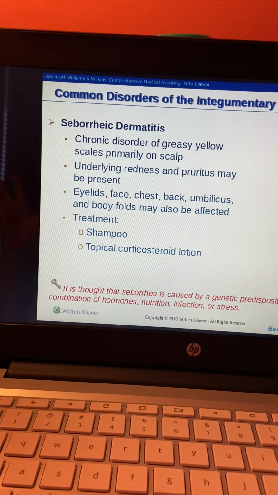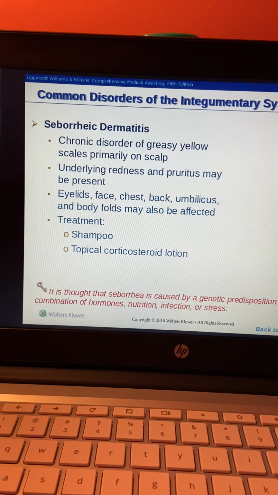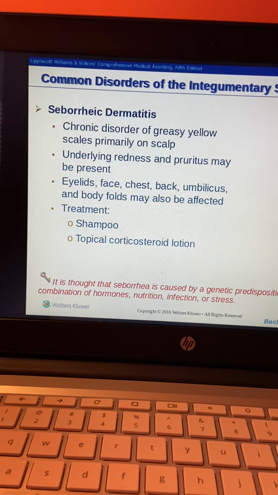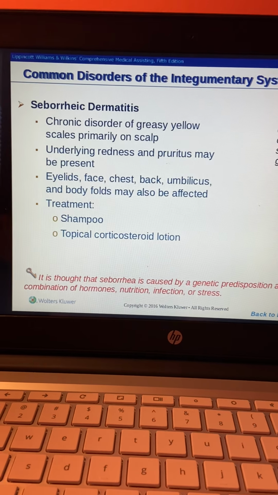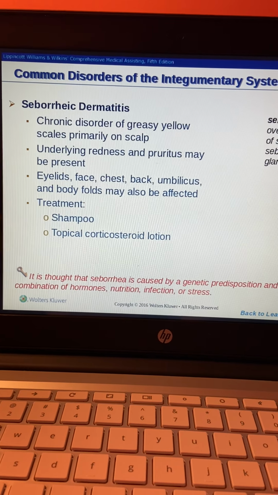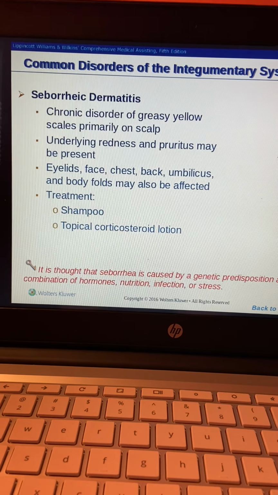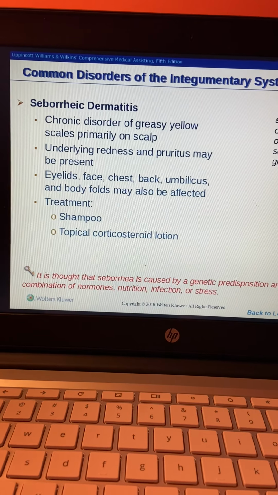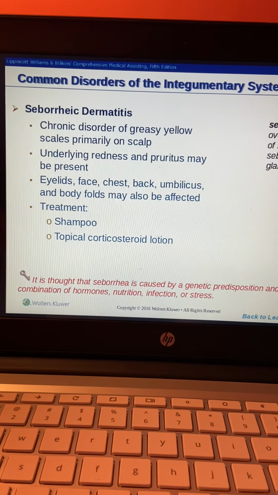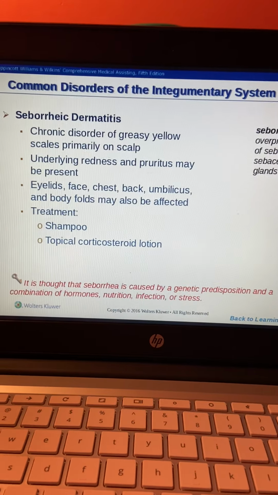For treatment, they have a special type of shampoo and then your topical corticosteroid lotions. It is thought that seborrhea is caused by a genetic predisposition and a combination of hormones, nutrition, infection, and could also be brought about with stress.